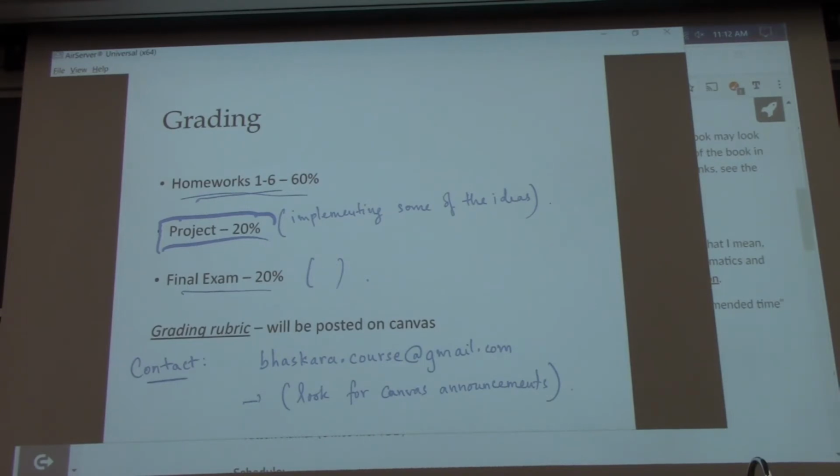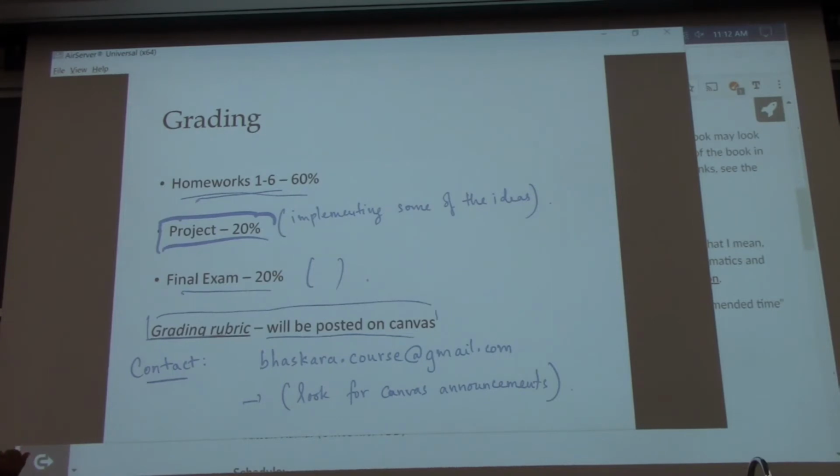Alright, the other thing I probably didn't mention is that this time I thought I will just go with a fixed grading rubric. I will post this also on Canvas. It will be like, if you get 80% in a bar, you'll get an A kind of rubric.